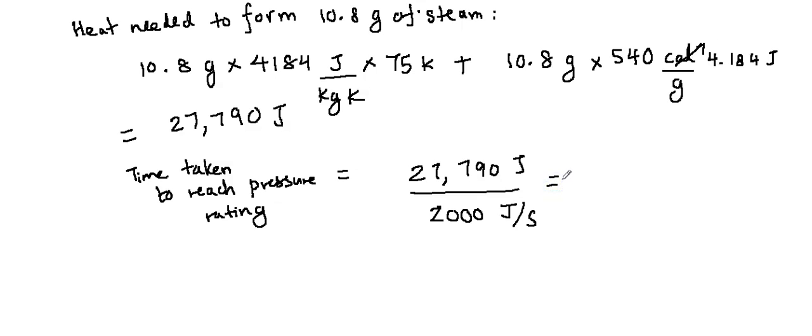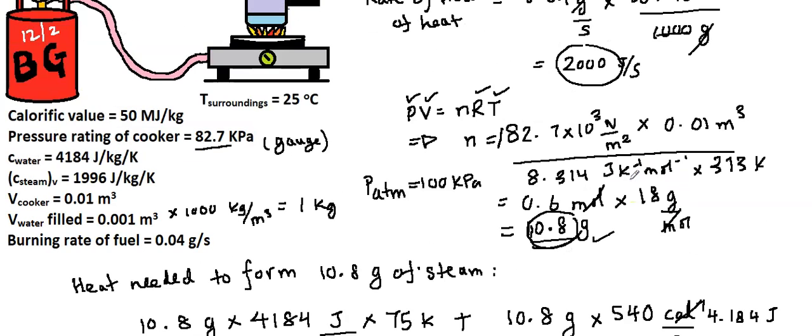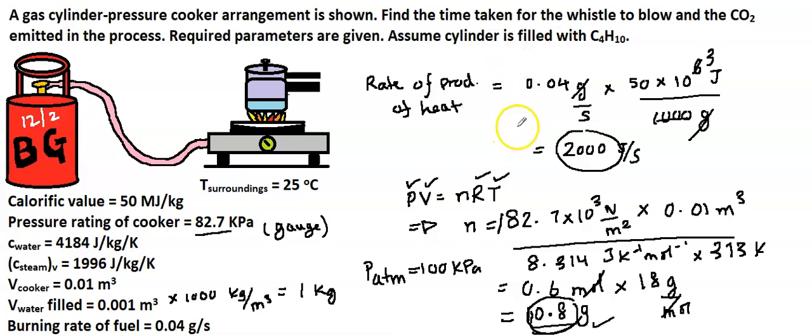So how much is that? 13.895. Well, that's almost 14 seconds. So we're done with the first part. Takes us just about 1/4 of a minute to make the whistle blow.